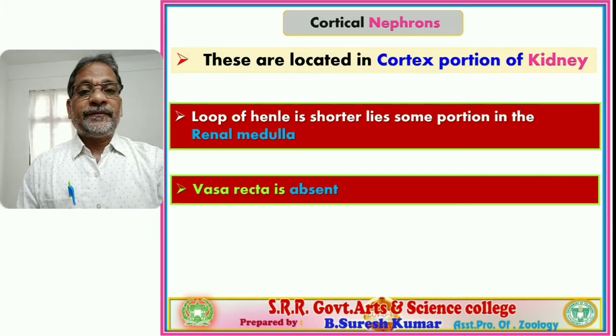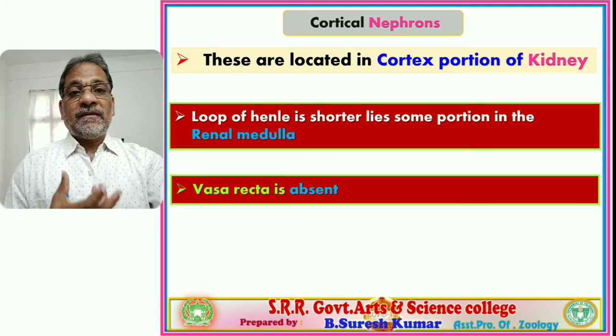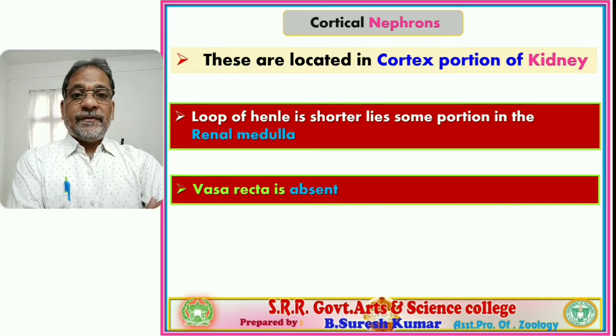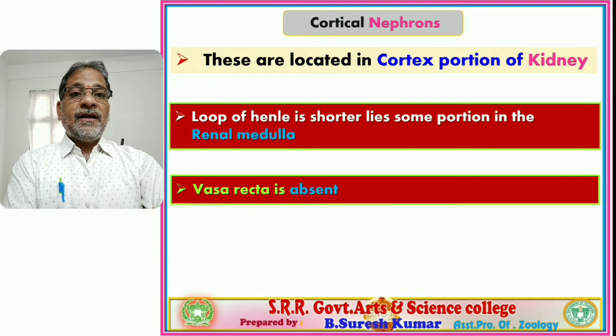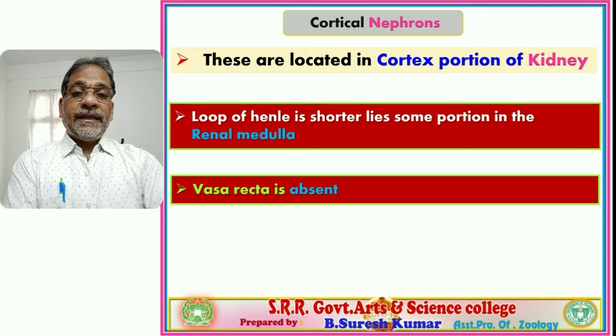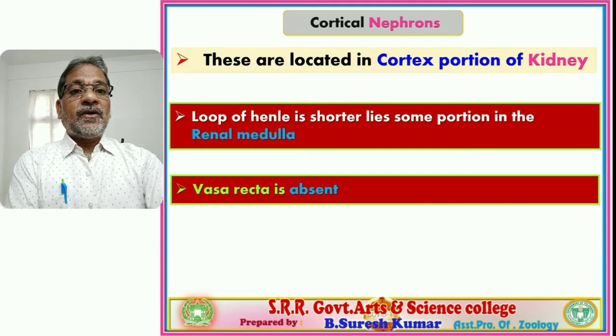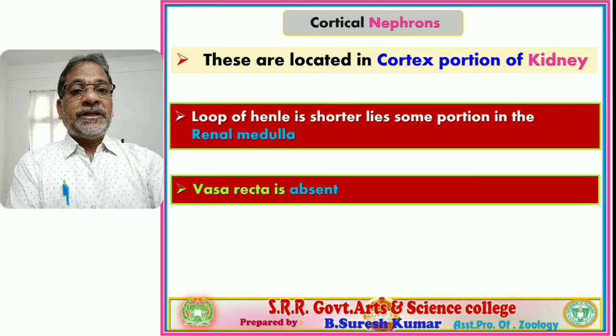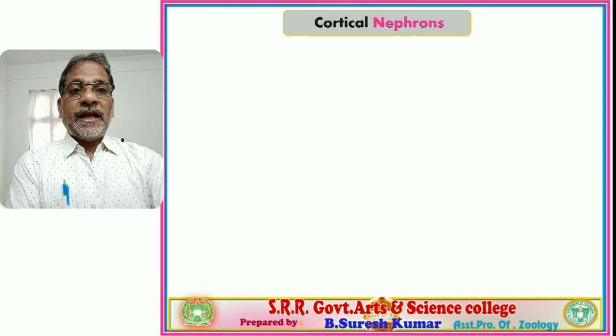That is different. And vasa recta is completely absent in the cortical nephrons. Very, very important, asked in entrance examinations. So the cortical nephrons are retained in the portion of renal cortex, and their loop of Henle is shorter and a little portion is present in the medulla region, and vasa recta is absent.